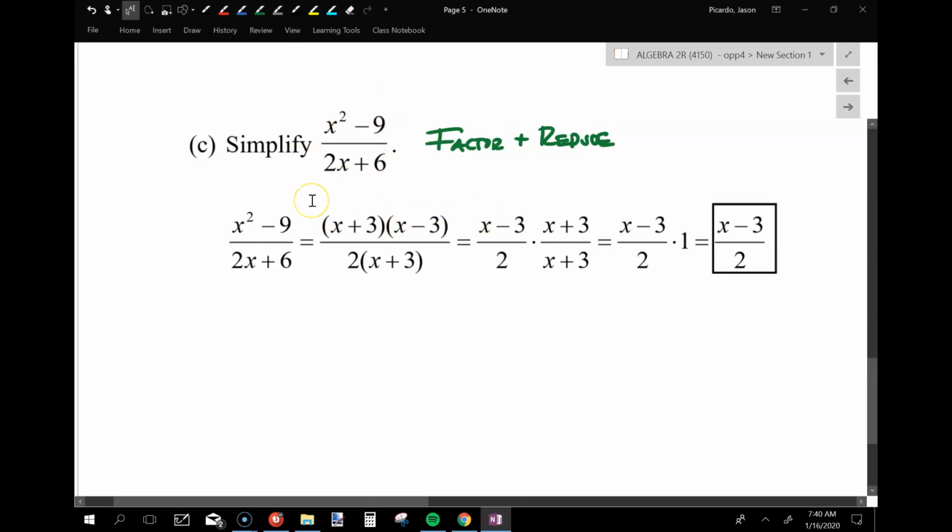2x plus 6 has a GCF of 2. Leaves x plus 3. What do you notice about the top and the bottom? They both have a common factor. So factor and reduce. The reduce means to simplify common factors.